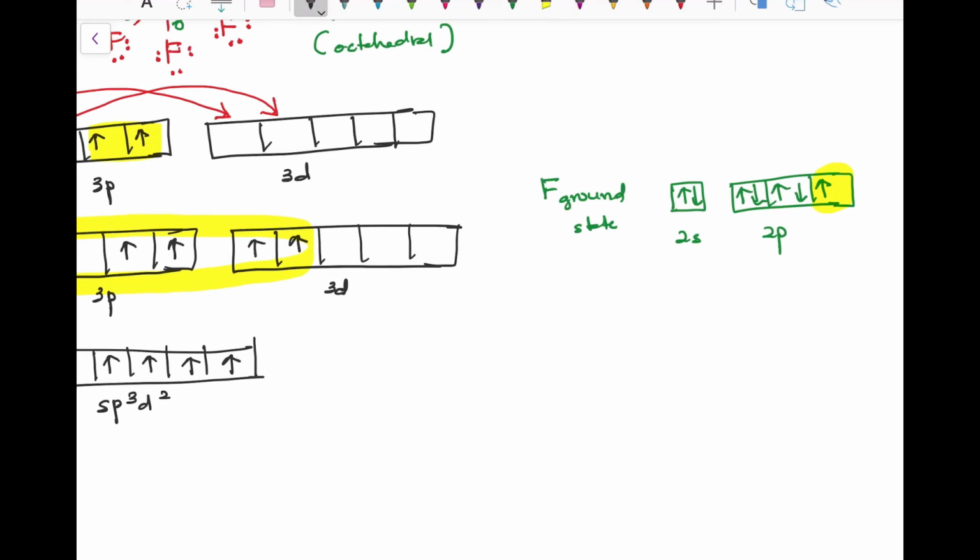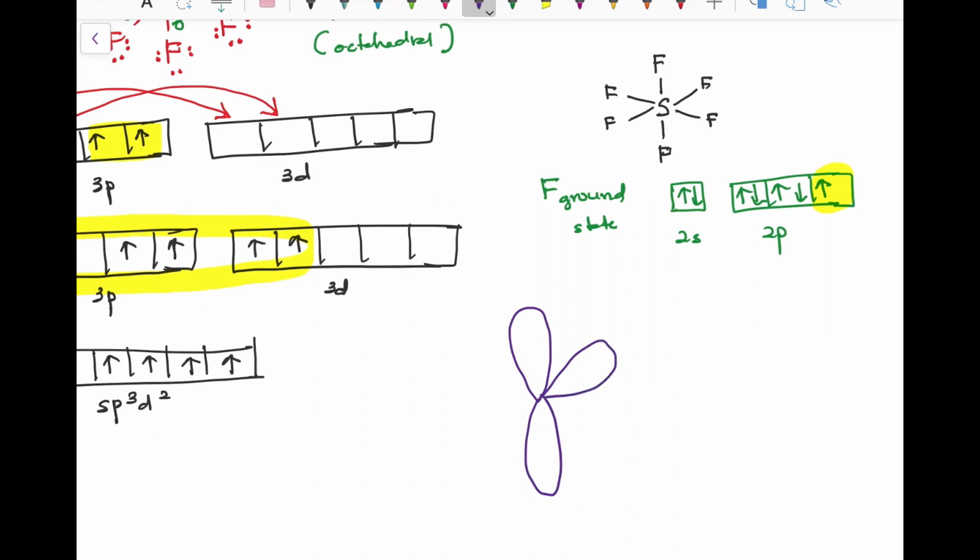Previously when we drew a molecular geometry, we would draw one fluorine here and another 4 here. In this case, we will draw it like this: 1, 2, 3, 4, 5, 6. Because there are many lobes, we have to show them a bit more clearly. Each lobe represents sp3d2.